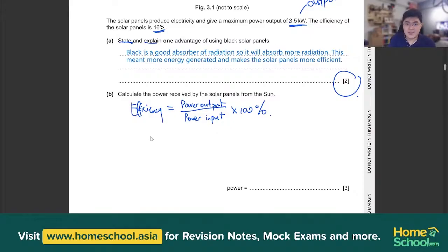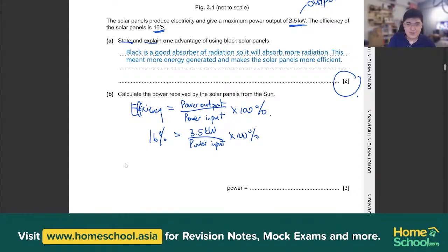Okay, 16% efficiency equals power output of 3.5 kilowatts divided by power input, multiplied by 100%.